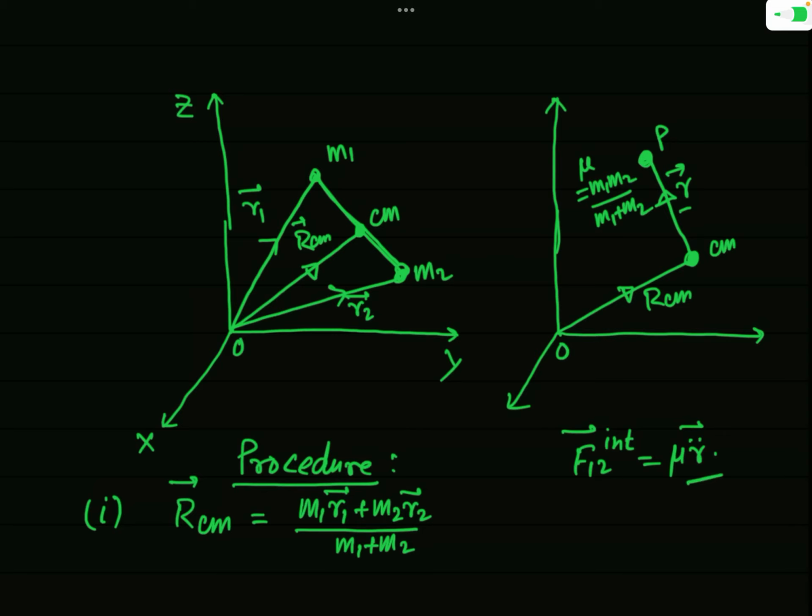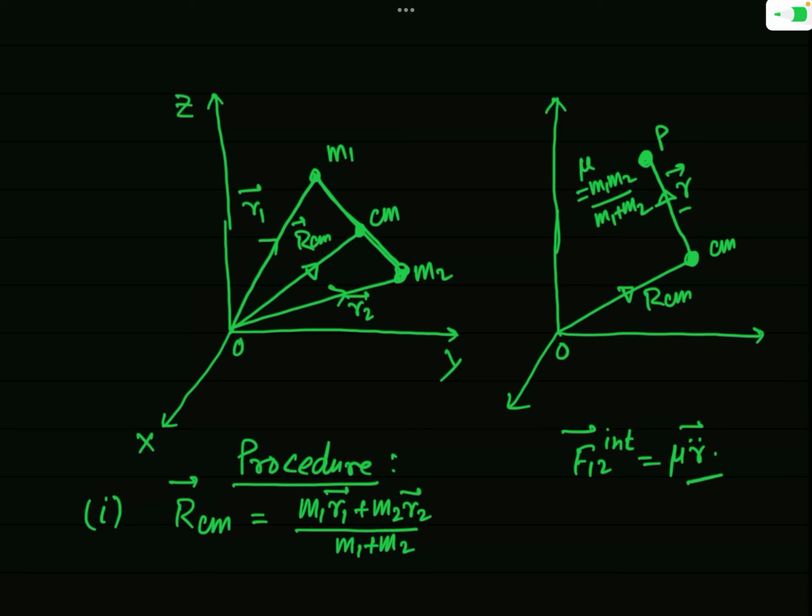Once the problem is solved by reducing the two body problem into a single body problem, you can again determine the individual body's motion. It is also possible. So the approach of solving a central force problem is to first convert a two body problem to a single body problem.